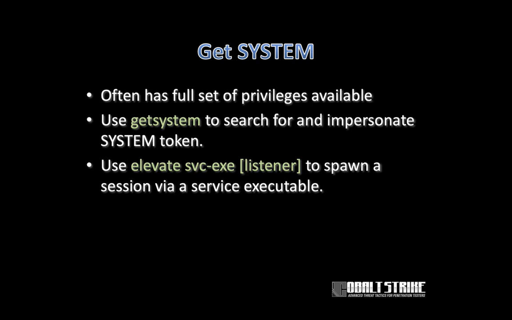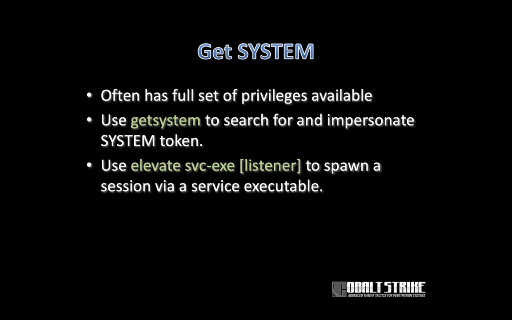One way to escalate to the full set of privileges available is to try to take on the SYSTEM token. The SYSTEM token is an access token for the privileged SYSTEM account on your computer. The getsystem command in Beacon will search for and try to impersonate a SYSTEM token for you.